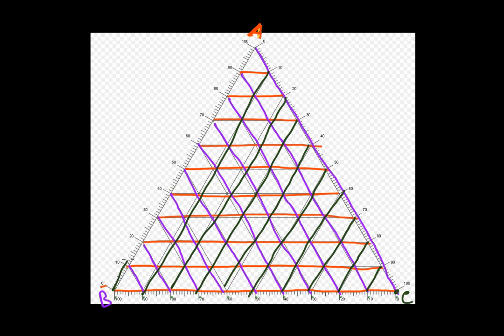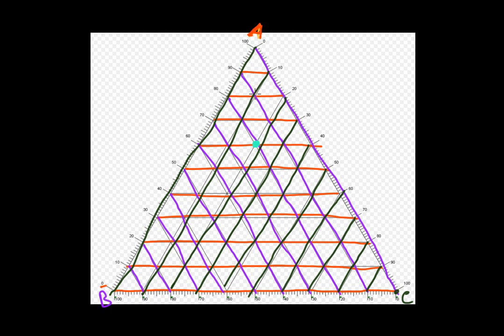So now that we have our lines drawn, if we have a combination of something and it's right there, what is its percent of A, percent of B, and percent of C? Well, for its percent of A, we have 100% here.